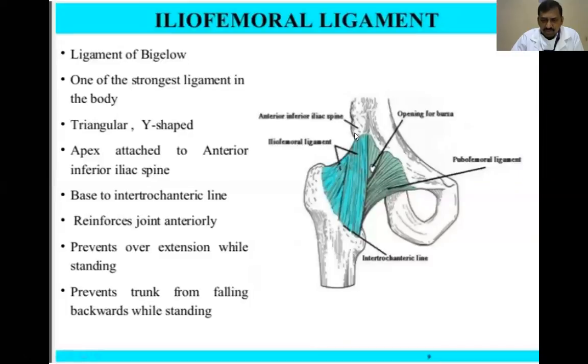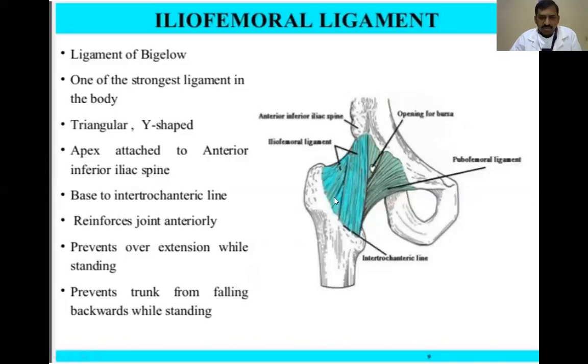Then it divides and runs downwards and laterally. The base is attached to the intertrochanteric line. This is the lesser trochanter, this is the greater trochanter, then this is the intertrochanteric line. This is one limb, this is another limb. In between these two there is a small gap, lined by a membrane.